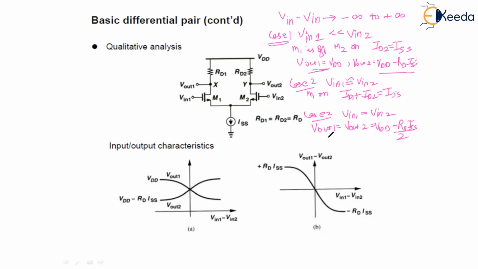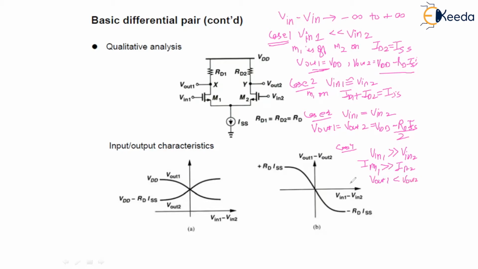Let's take another case, case 4, when this Vin1 is more positive than Vin2. Then M1 will draw greater current than M2, and Vout1 drops below Vout2.